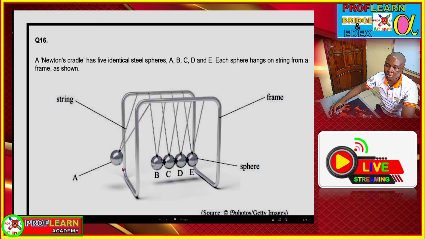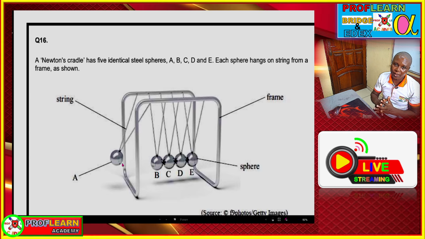We have also a question to do with momentum. Under momentum, you need to know how to calculate momentum, how to calculate impulse, and you need also to understand the law of conservation of momentum. In this case, we need to understand that momentum before collision is equal to momentum after collision, provided no external force acts.